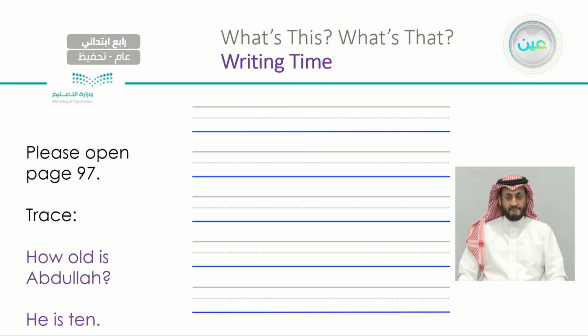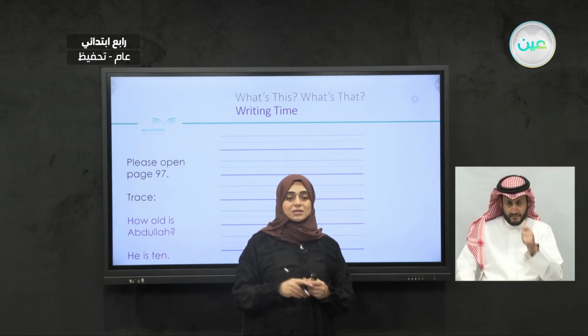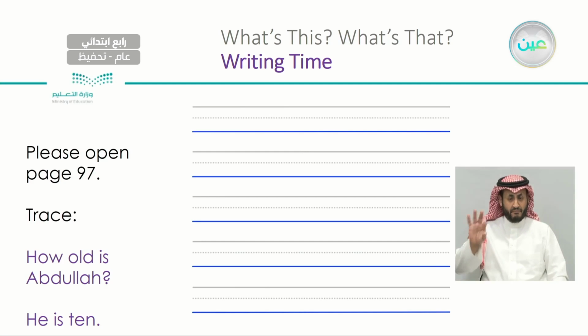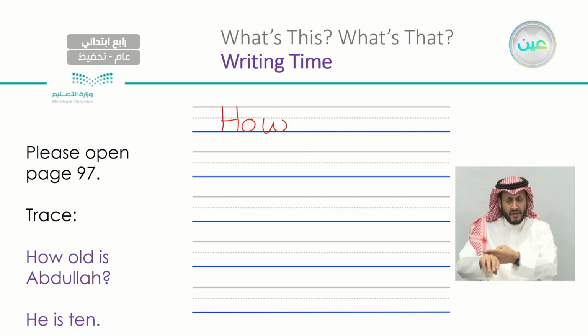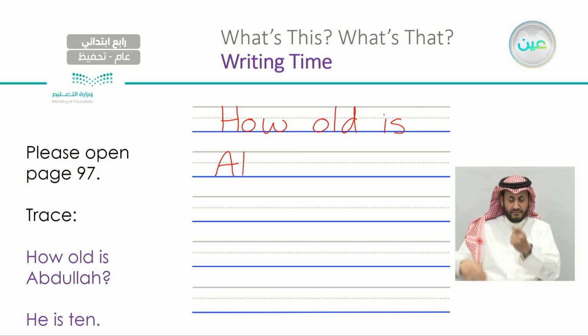So we are going to get our pencils ready. Are you holding your pencils? So on page 97, we are going to trace this question and this answer. How old is Abdullah?